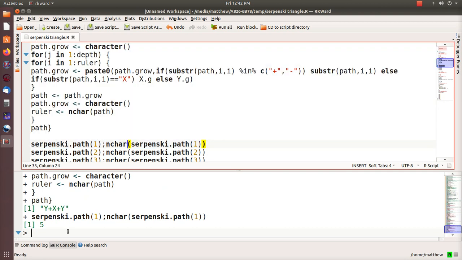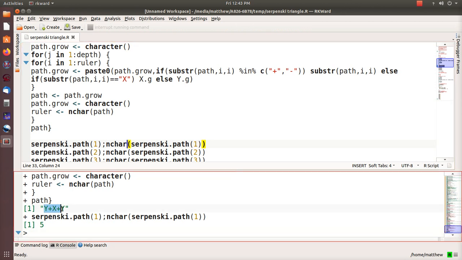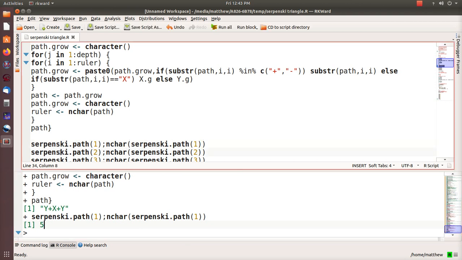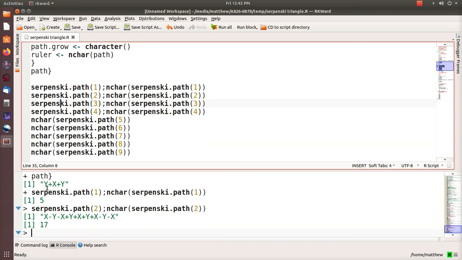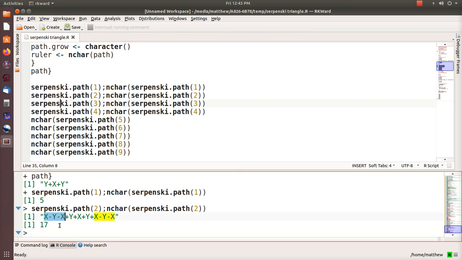And then I also print out how many characters are in it. This is 5. Remember, we replaced the x with this pattern, y plus x plus y. Now let's go to a depth of 2, and notice that this y we replaced with x minus y minus x. And then that plus comes down, and then this x here we replaced with the grow x component, y plus x plus y.